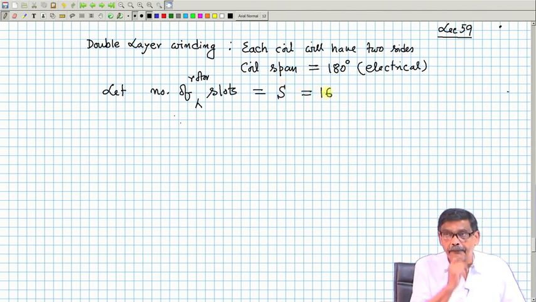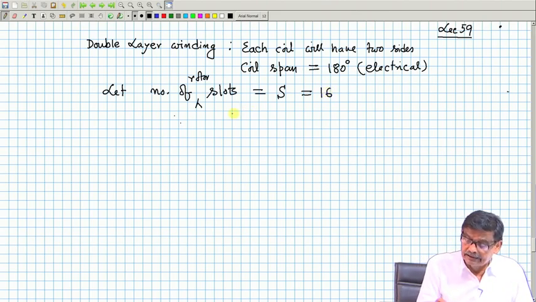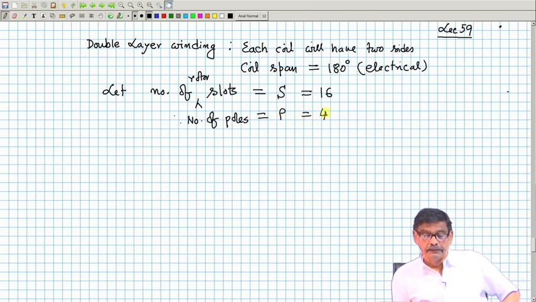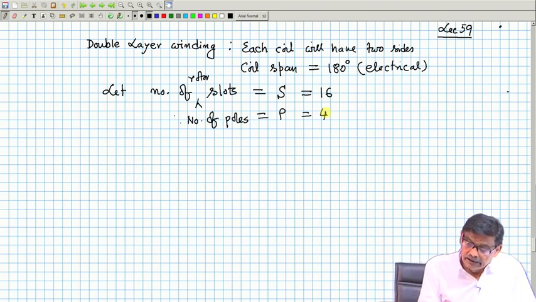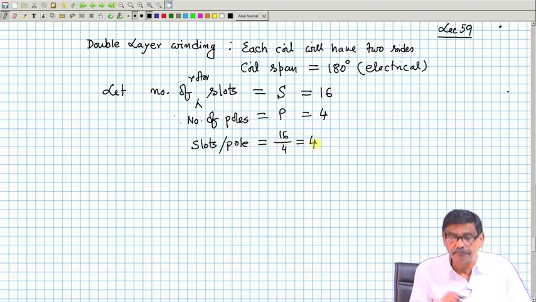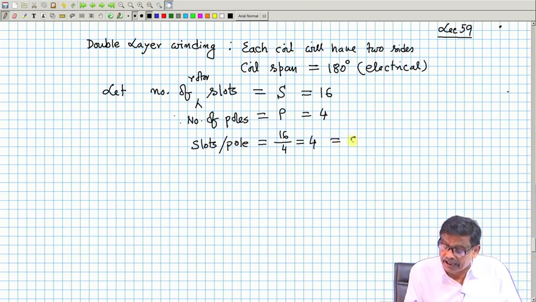Suppose it is 16, and let the number of poles P be, say, 4. Then slots per pole is 16 by 4, which is 4. And that will be equal to coil span.